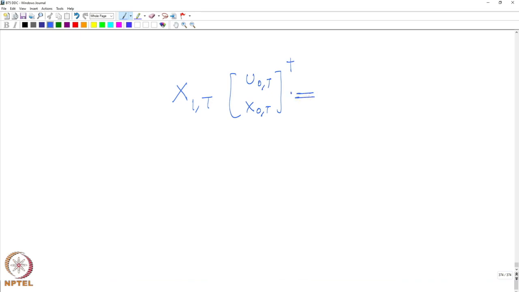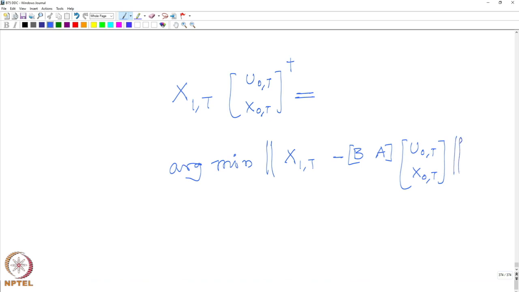This in fact is equal to, I should not write it by definition, this is in fact equal to the minimizer of this quantity, x 1 t minus b a multiplying u 0 t x 0 t, the Frobenius norm of this over all possible b a's.